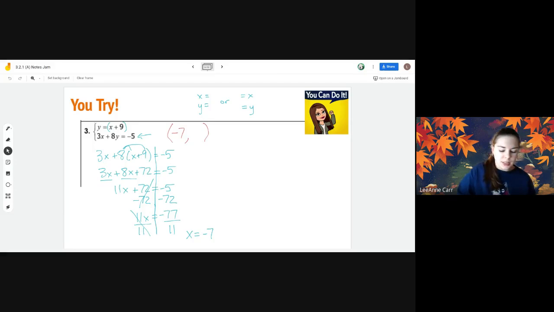So just like we did in our last problem, now I'm going to take that -7, and you can plug it into either equation. And I'm going to be honest with you guys, make your life easy. Pick the shorter looking equation. You're going to get the same answer regardless. No point in making your life harder than it already is. So I would, if I were you, use that top equation.